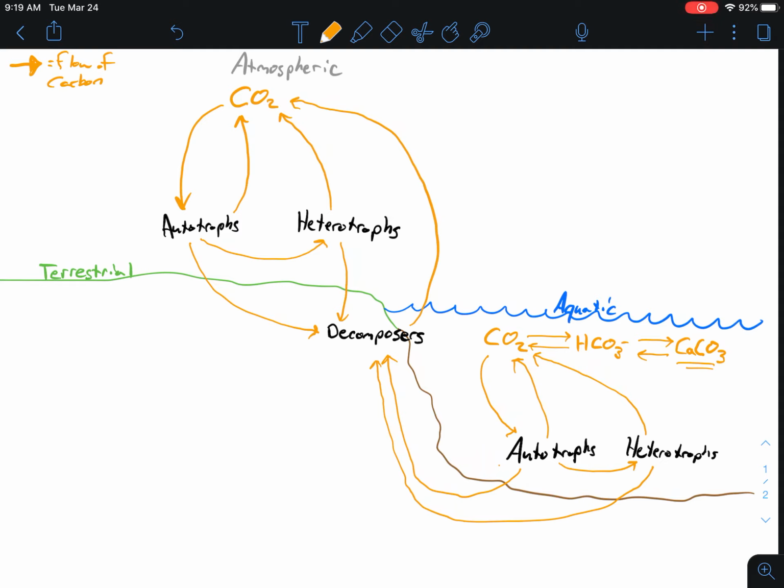Hoping you're following mostly with that, with the exception that maybe this CO2 in the water, bicarbonate ion, calcium carbonate thing is a little confusing. It's one of those things, study a little bit more, memorize this pathway, and realize, and I will come back to it, that the production of bicarbonate ion does release hydrogen, and hydrogen is acid, right?